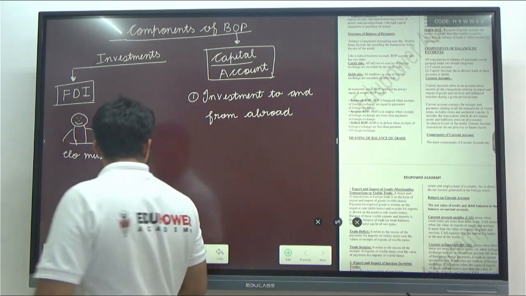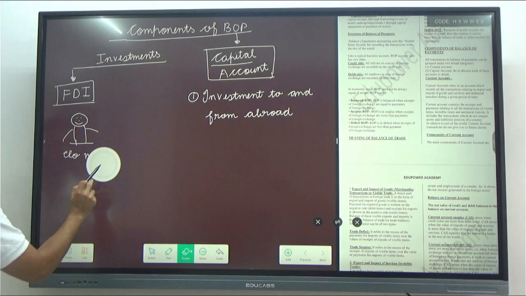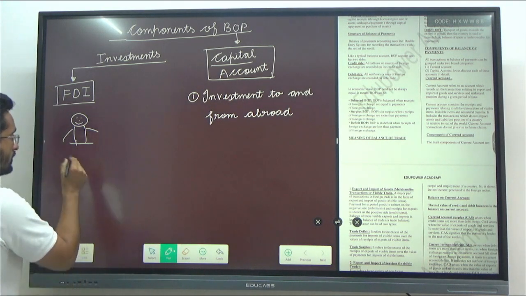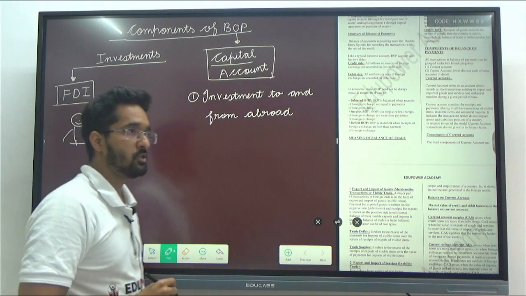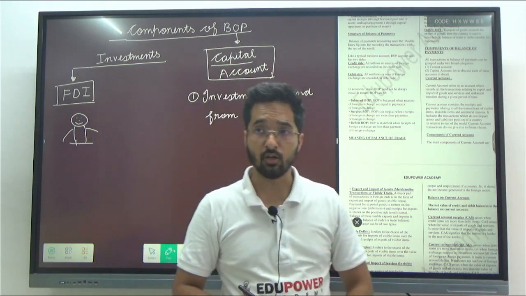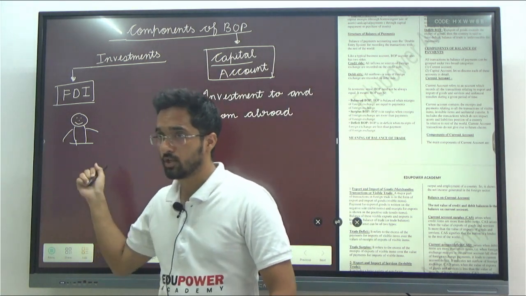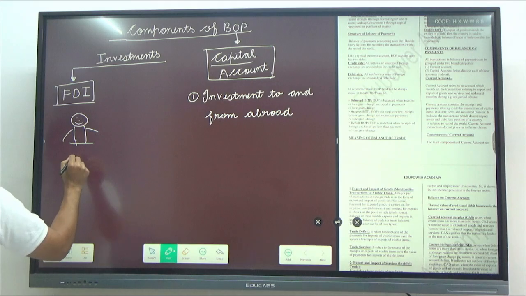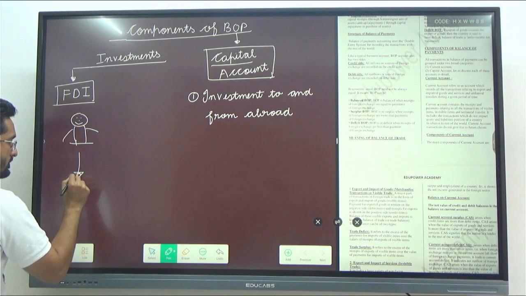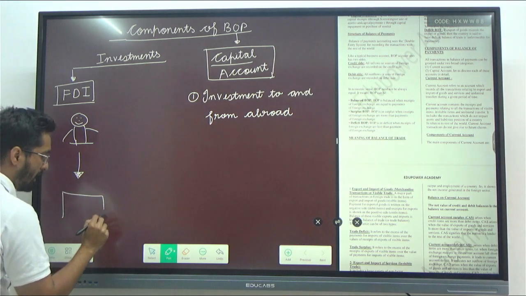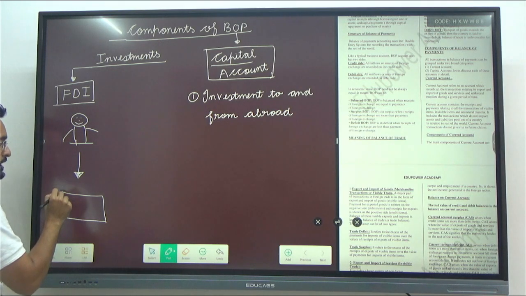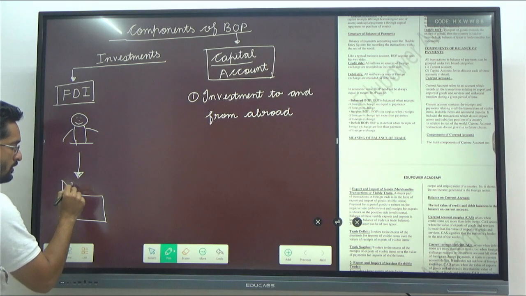They manufacture electric cars. Now, if he feels that India has a very good market for electric cars, he is going to come to India and establish a factory in India. He will take a land, and on that land he will start a factory.